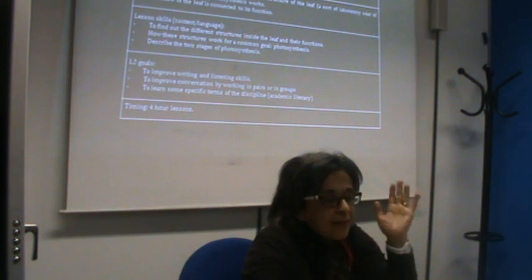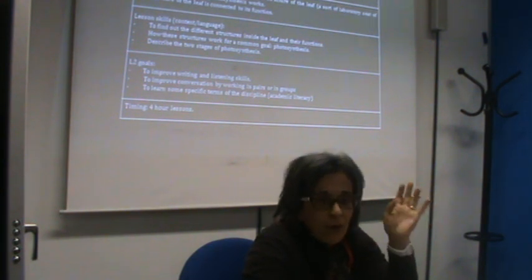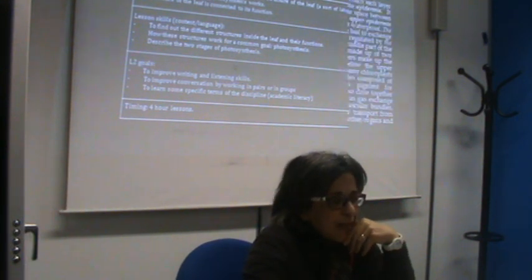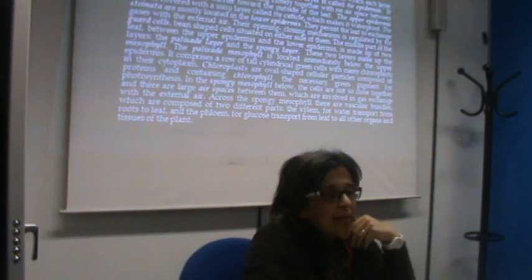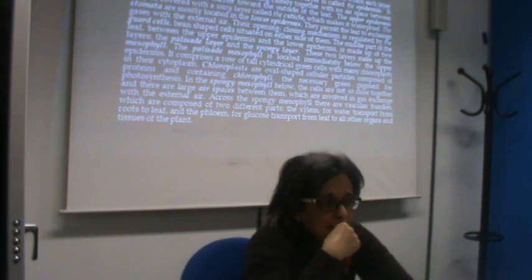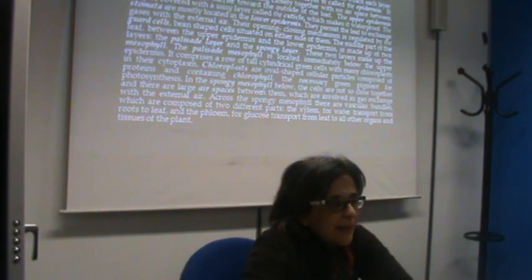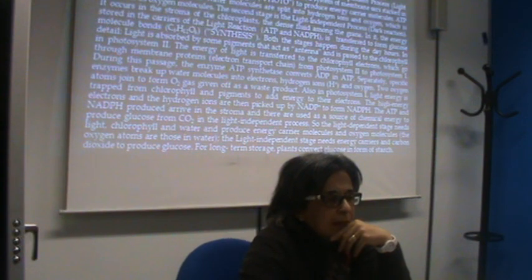The work is divided in 4 lessons of 1 hour each. In excerpt 1, there are core concepts of leaf structure, and in excerpt 2 there are the core concepts of the photosynthesis process.